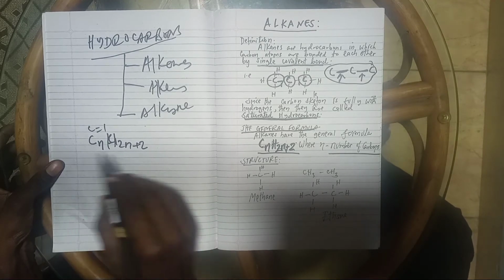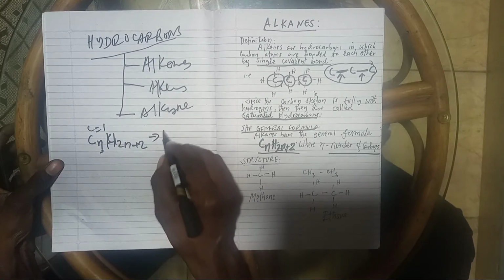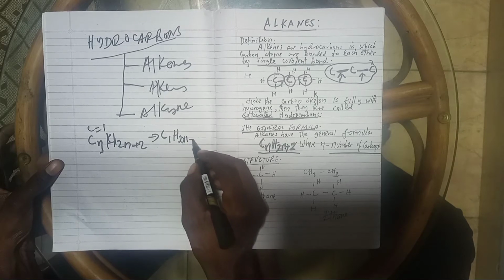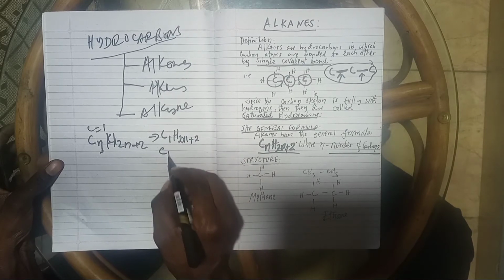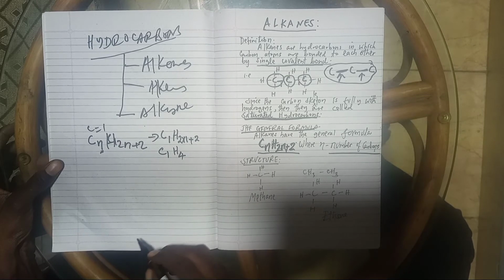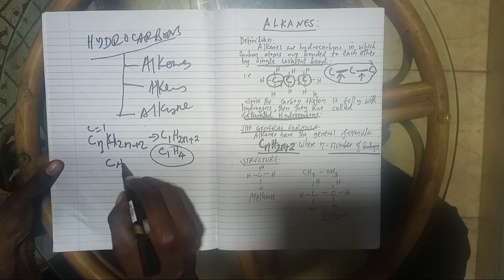Kwa maana palipo na n utaweka moja. Kwa hiyo maana yake ni C1, halafu H2 times 1 plus 2, ambayo itakuwa C1 H2 plus 2, that is equal now to 4. Kwa hiyo this is for the first, ambayo ni CH4.